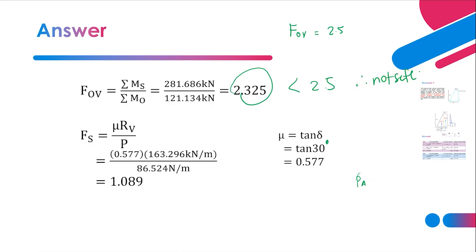Okay, this is just an example. In the next example we will look at this. But in this example it does not ask you to compare with anything. This is the only answer you have to give.